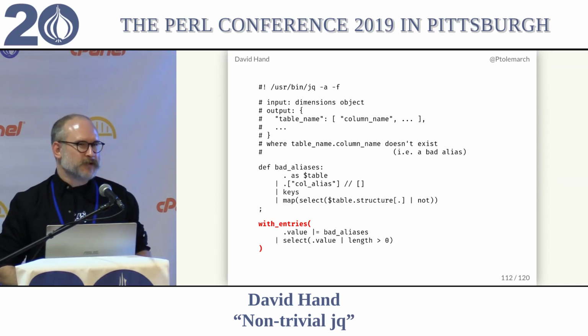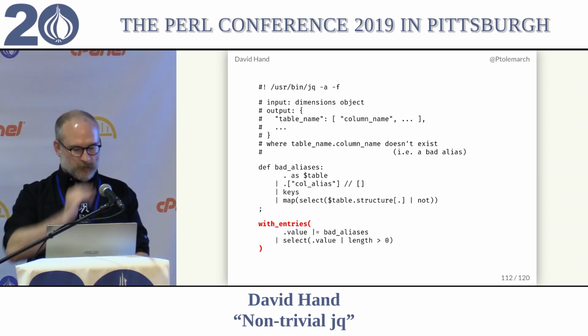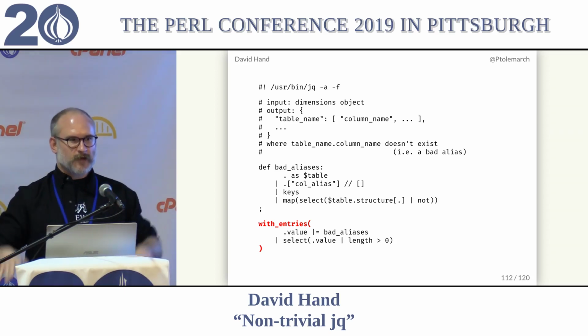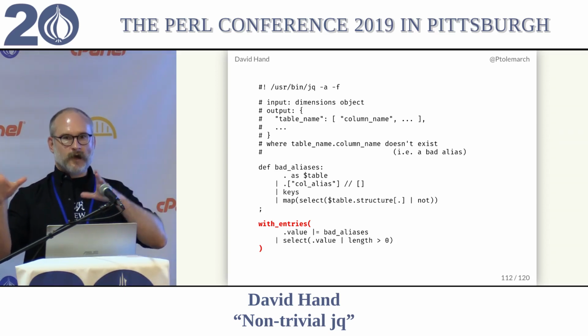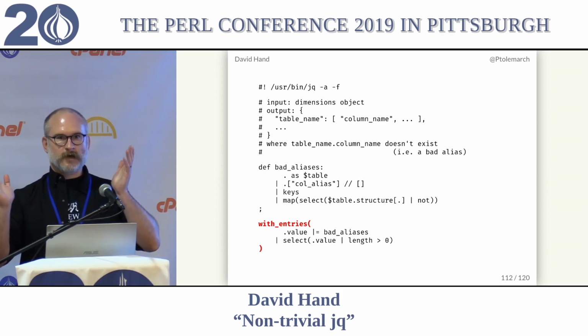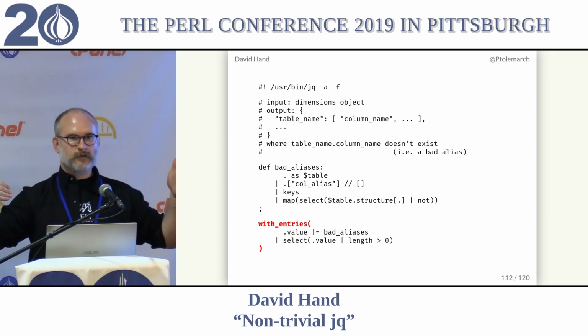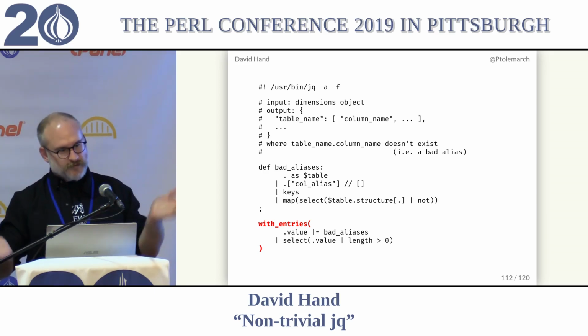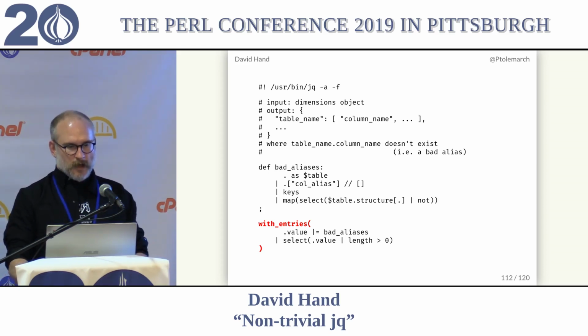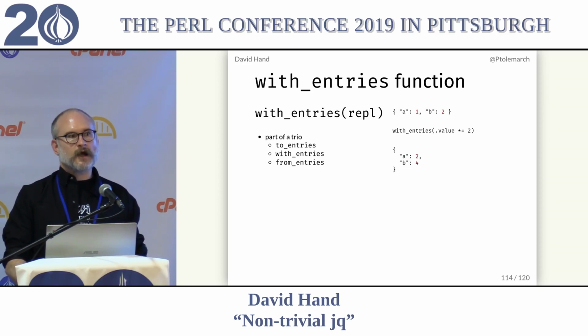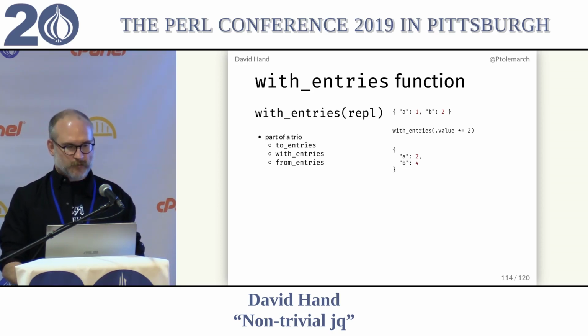In fact, when I think about it, what I really thought I was going to try to do was decompose an object into a bunch of Perl 6 pairs, or something like that, and then operate on it as if it were an array of pairs. As it turns out, that's what with_entries does. It accepts an object on its input, and in the parentheses it has a replacement value, sort of like map.